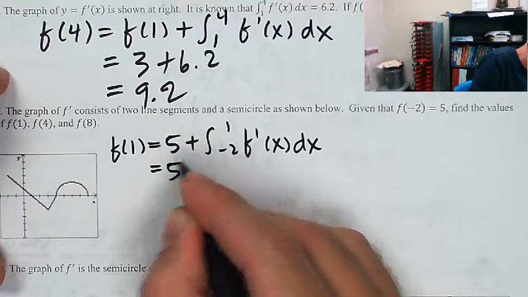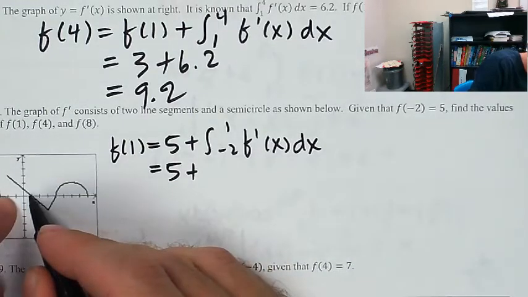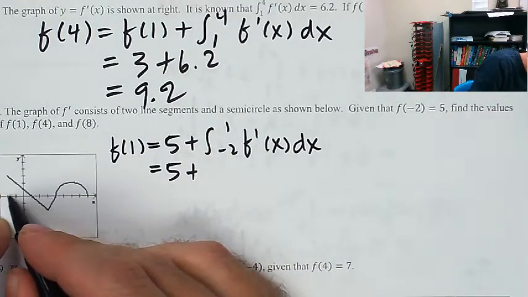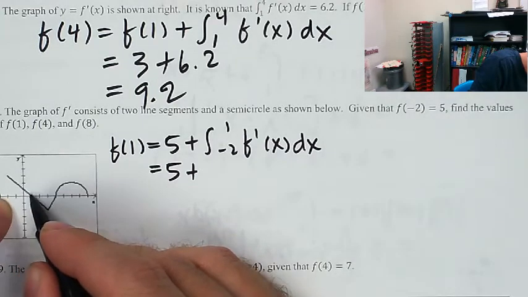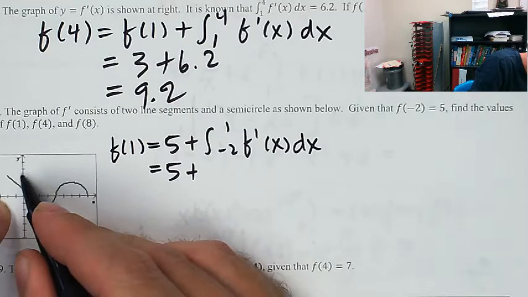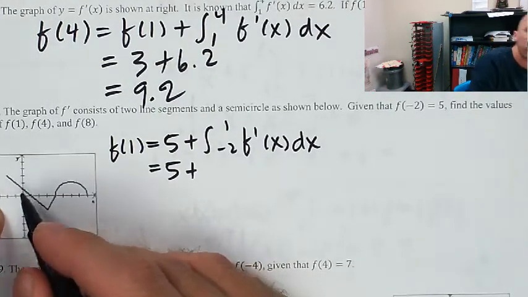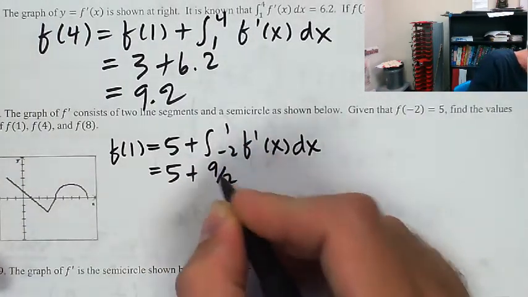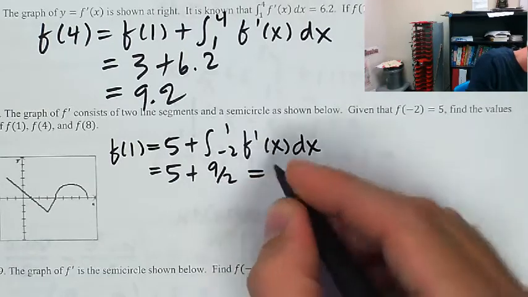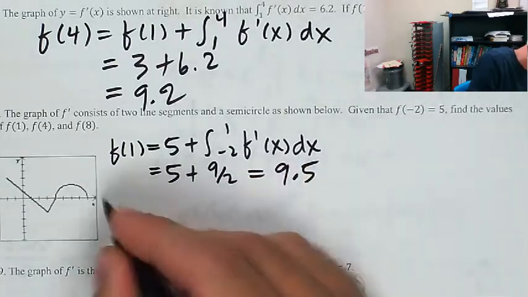So that's going to be 5 plus, if I go up to 1, that's just this triangle. And I'm moving forward, so it's going to be positive, 3 by 3. So it's half of 3 times 3, which is 9 halves. 9 halves is 4.5, so that's going to equal 9.5.